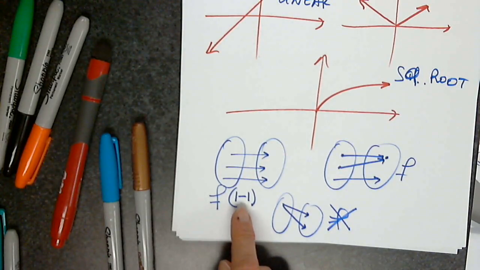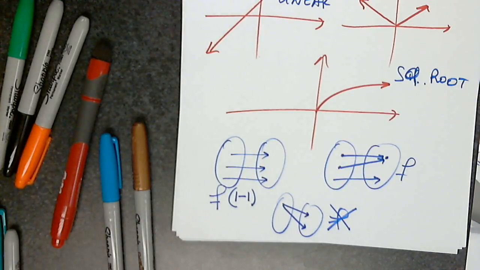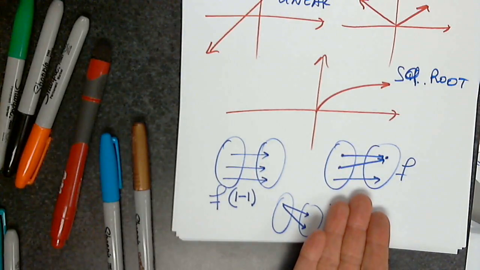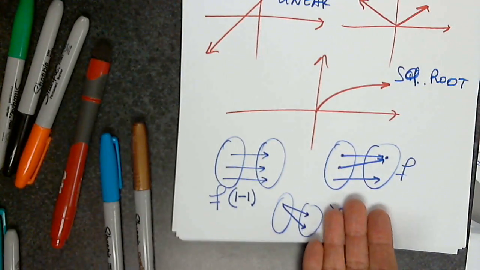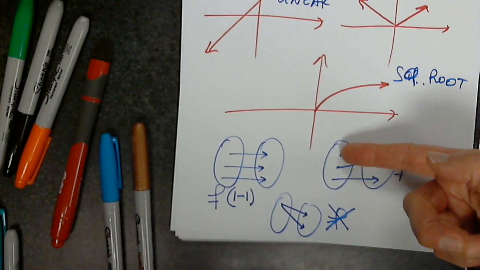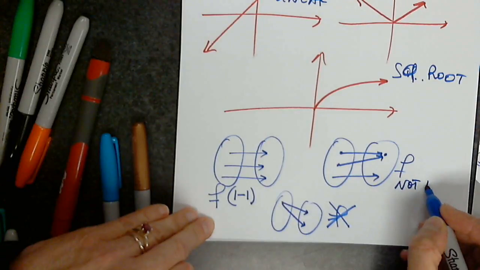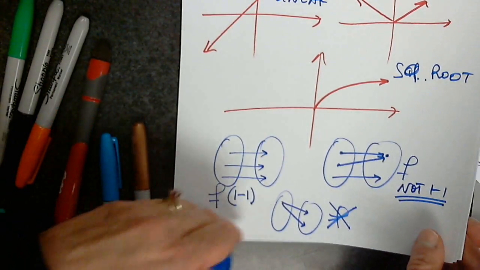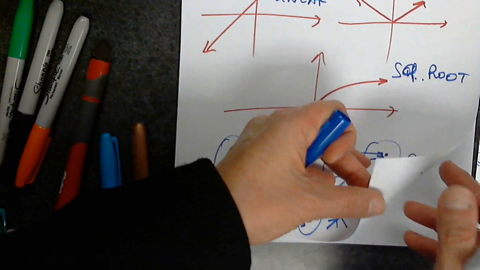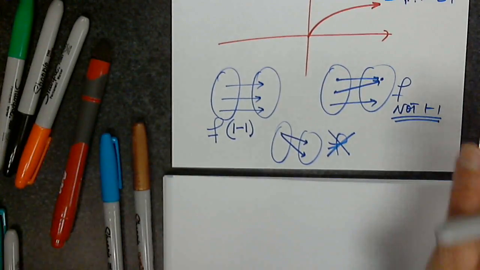Only one-to-one functions have inverse functions. This is not one-to-one. It will have an inverse, but it will be a relation, not a function.